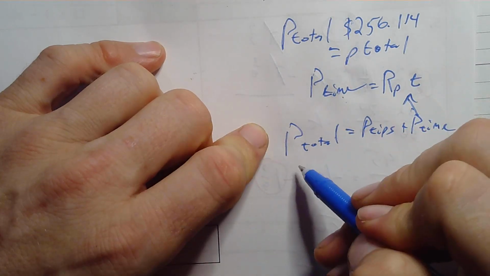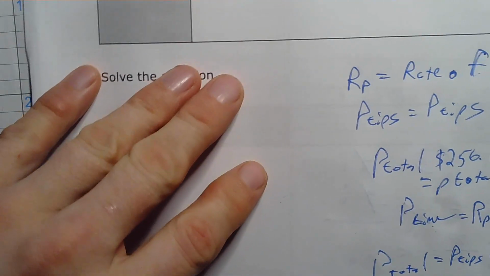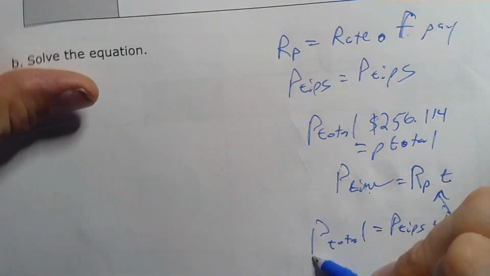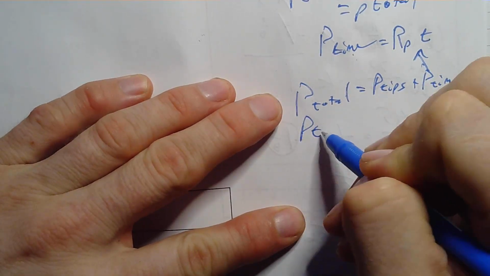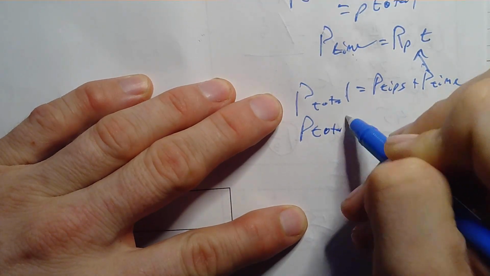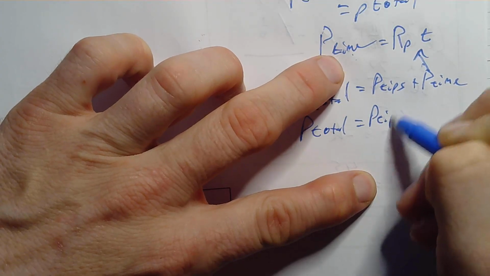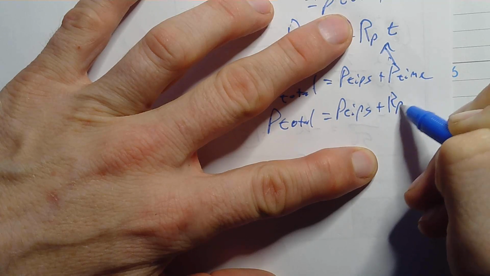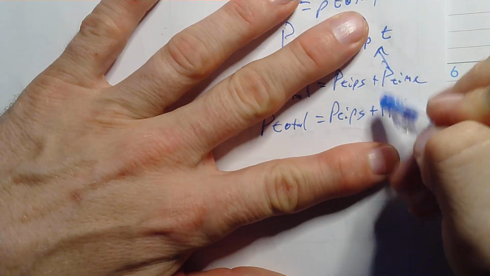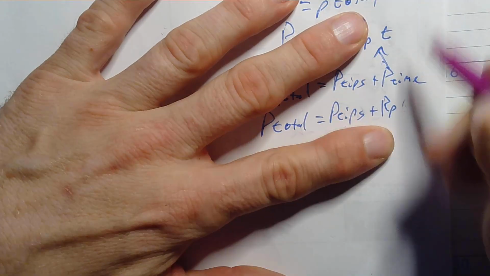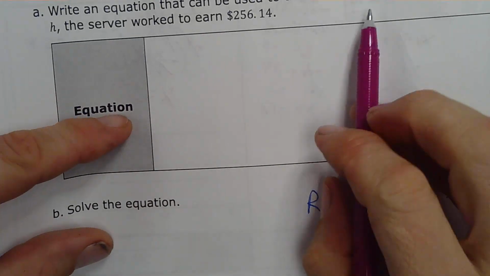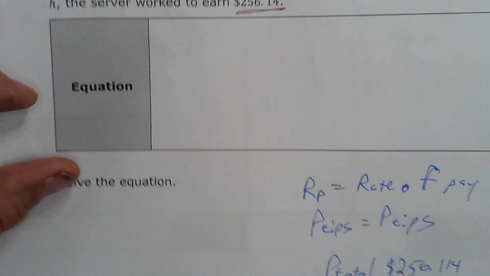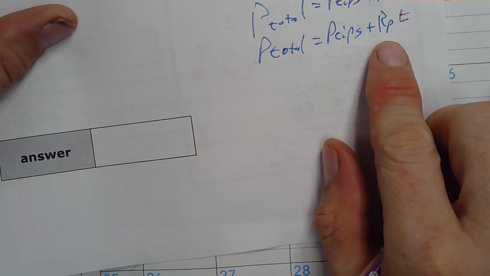So my equation is going to be my total pay equals my pay from tips plus my pay rate times my time, and the time is what the question is asking me. It's the number of hours I have to work to make that much money. Okay, so I have to solve for this.